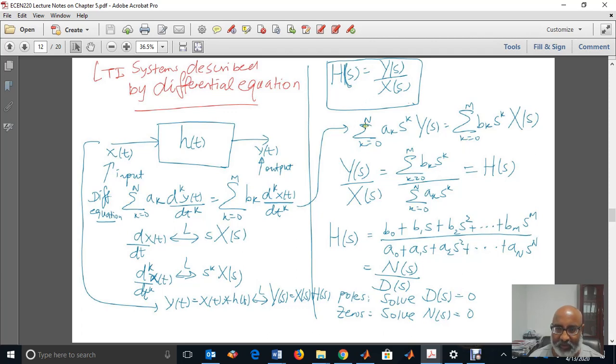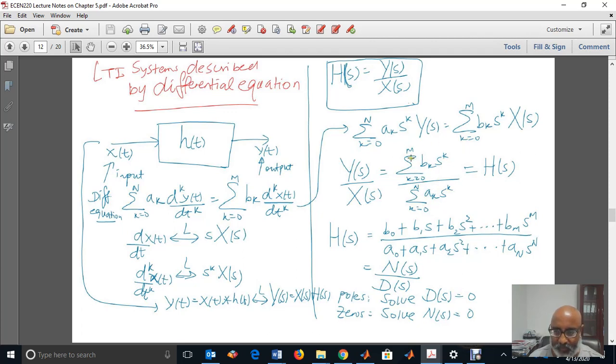So we have the summation on the left side, and the summation on the right side. If we rearrange this, Y of s over X of s will be the summation from k equal to 0 until m of bk s^k over the summation from k equal to 0 until n of ak s^k.